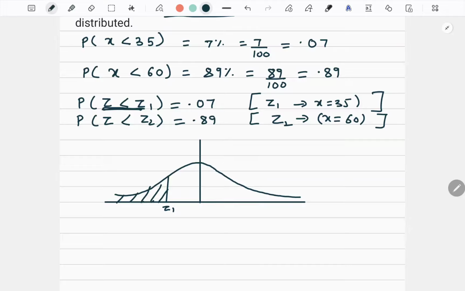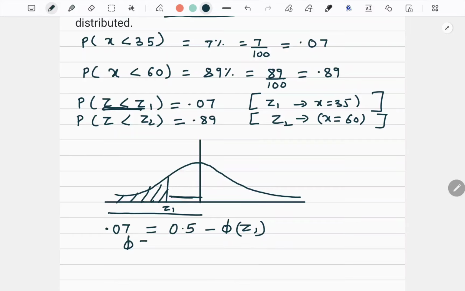So I can write 0.07 is equal to 0.5 minus phi of z1. How did I get this? See, less than z1 is this whole thing minus this whole. So 0.5 minus phi of z1. Correct. And the answer given is 0.07.